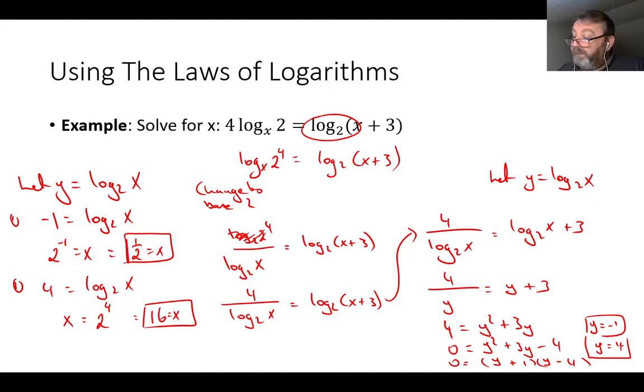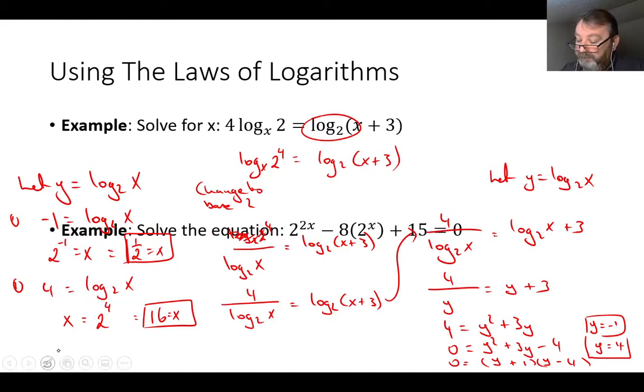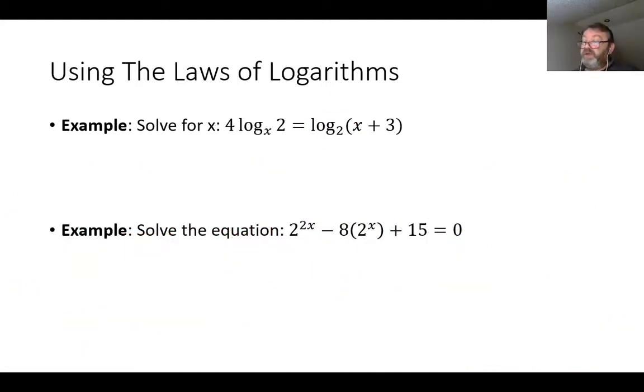Okay, next one. Let me get rid of that. Solve the equation 2 to the 2x minus 8 times 2 to the x plus 15. Now, we met these before. Do you remember them in the indices? And the middle term in brackets, that 2 to the x, that has to be created here in the first term so that it becomes a common term in the first two, again, that I can use substitution with.